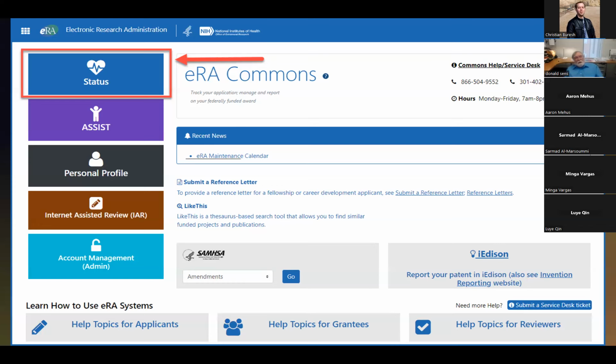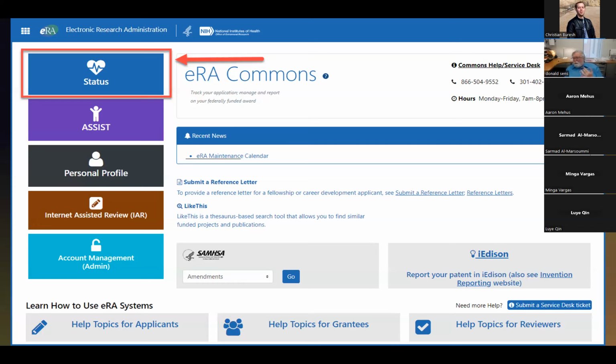And for your grant, you'll want to go to something called Status, and it'll take you to a place where your grants are listed, and you can pop up that grant. You can find your application, so if you ever need a copy of it, it's there. You can find your summary of your study sections. You can find your notice of grant award if things were funded.